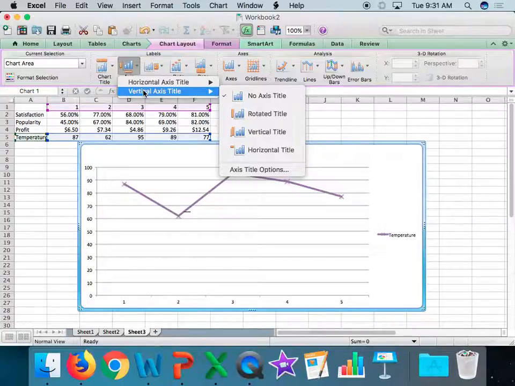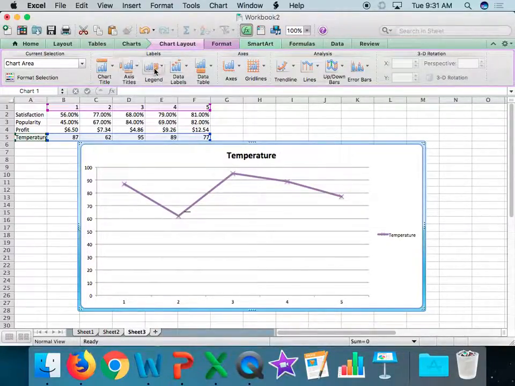Then, make sure for the graphs that need a legend that you have it. For the graphs that need data labels or data tables that you have them. And make sure you customize the graph in at least one way. Can you do more than that? Absolutely. But in at least one way, each graph needs to be customized.